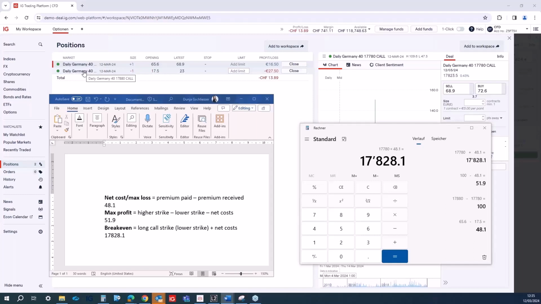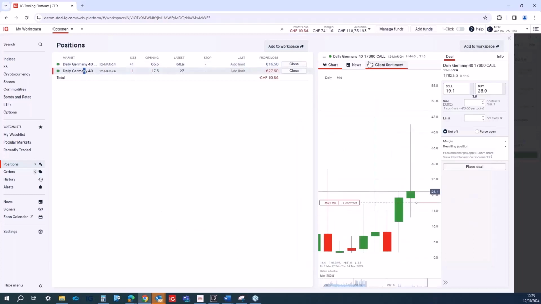So in this specific case, it would be up to 17,880. There are of course more possible strategies that you can use, but here just one for you to monitor. Of course, by expiry time, I hope that this is going to be profitable for me. Don't forget, you always start with a loss because you are paying a spread, which is visible here. And yeah, let's move on.